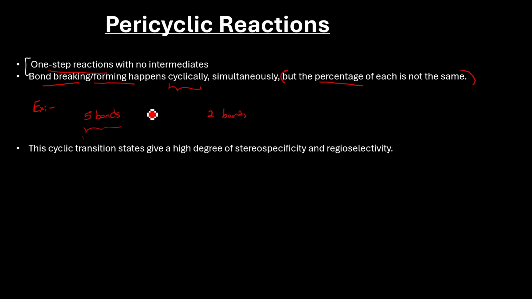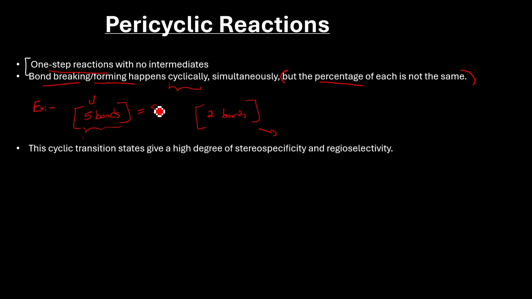This can happen. The breakage of these 5 bonds and the formation of these 2 bonds happen simultaneously, but the amount is not the same. So here 5 bonds are breaking, but only 2 bonds are forming. It's not a condition that 5 bonds have to be broken while 5 bonds have to be formed.